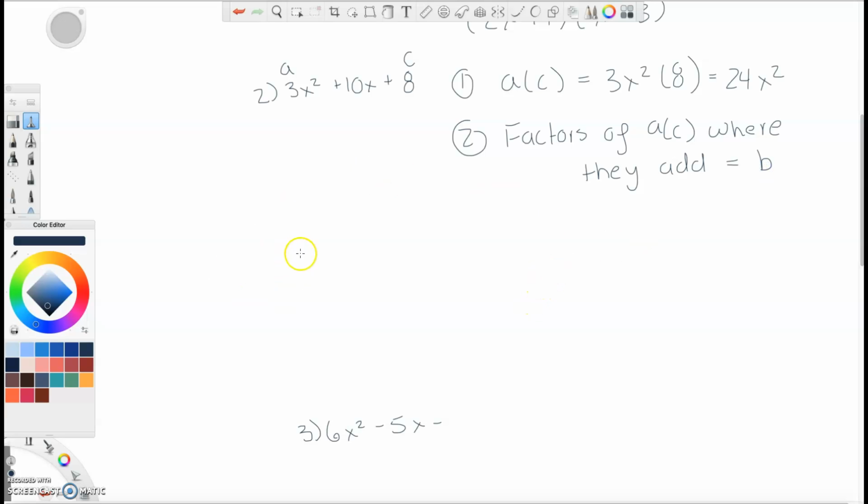Okay, so for our example over here, we're looking for two things, 24x squared, that multiply to give you 24, but when they add together, they are going to equal 10x.